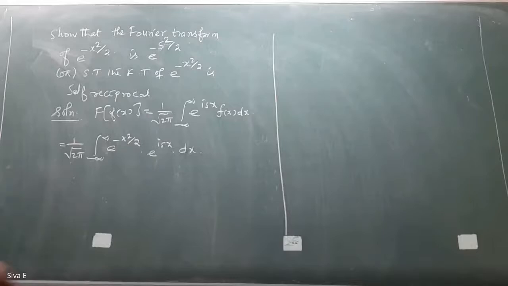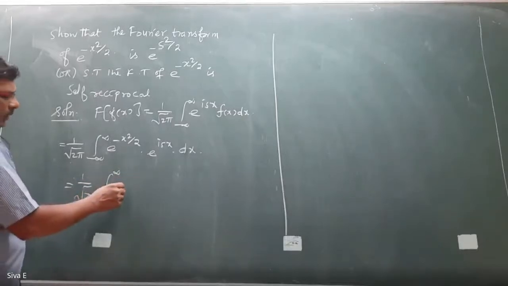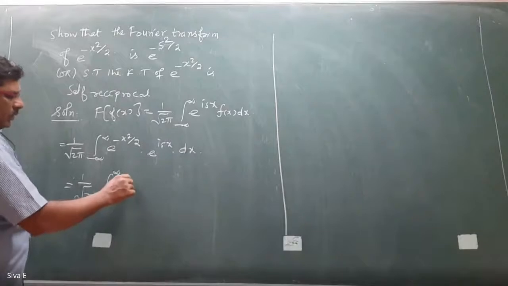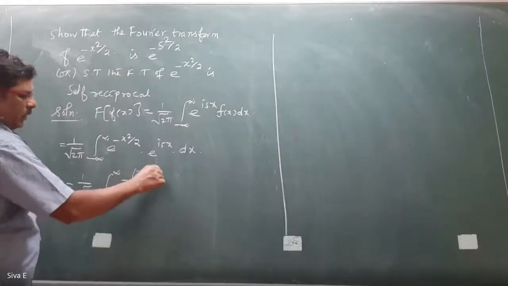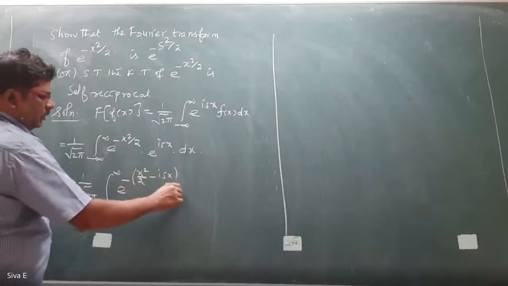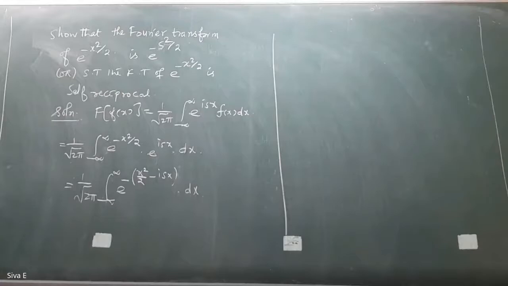Both are in e power, na? So combine this, you will get 1 by root 2 pi integral from minus infinity to plus infinity e power minus x square by 2 minus isx dx. What is the purpose of writing that minus here?